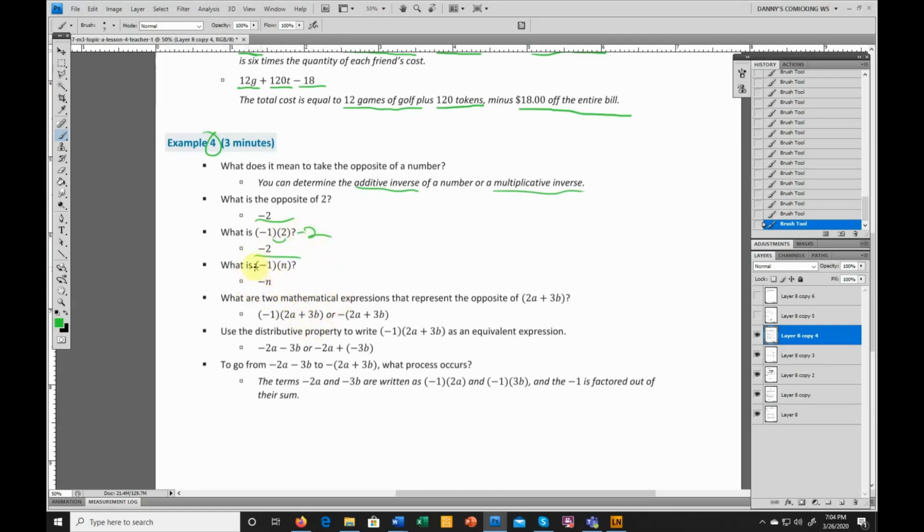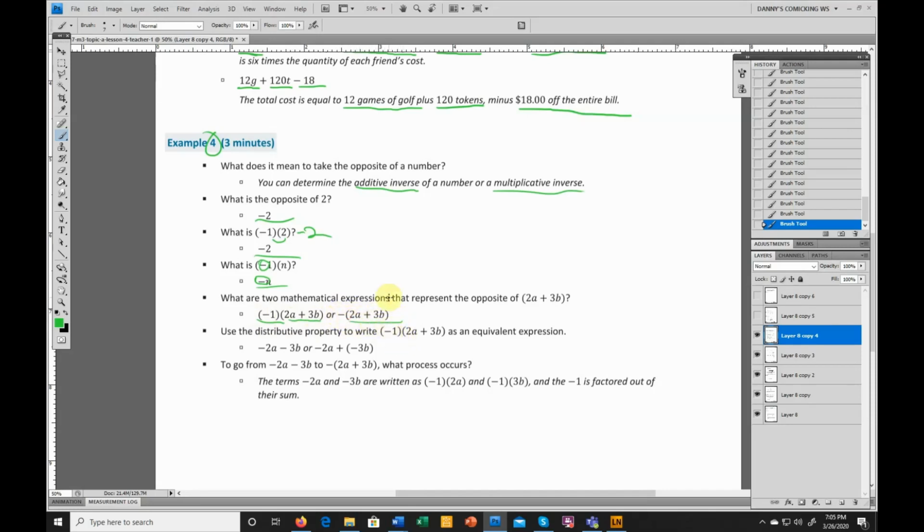What is minus 1 times a number? It's any number to the negative because of your negative sign. What are two mathematical expressions that represent the opposite of 2a plus 3b? Minus 1 times the quantity 2a plus 3b, or minus the quantity 2a plus 3b.